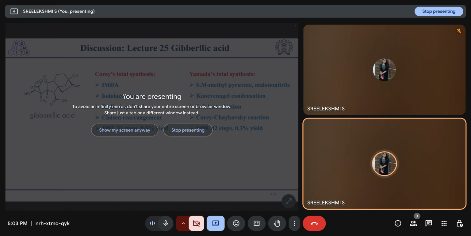And coming to Yamada's total synthesis, which was completed in 1989, the starting materials used were methyl pyruvate and malononitrile, and the key reactions included Knoevenagel condensation, lactonization, 4 plus 2 cycloaddition, ozonolysis, and Corey-Chaykovsky reaction. They completed this total synthesis in 42 steps with 0.3 percent overall yield.